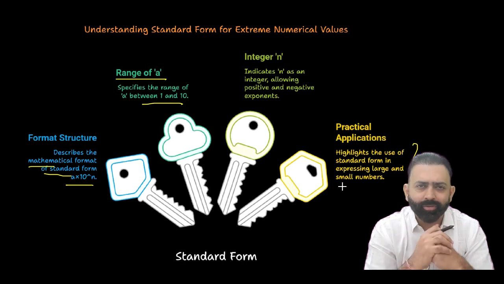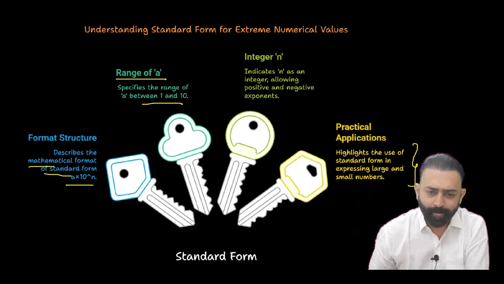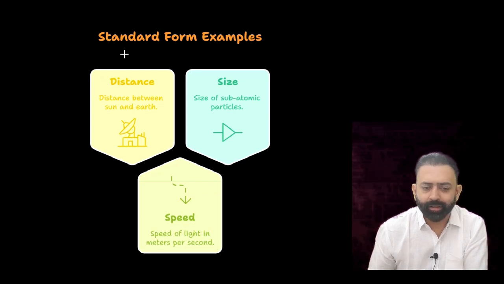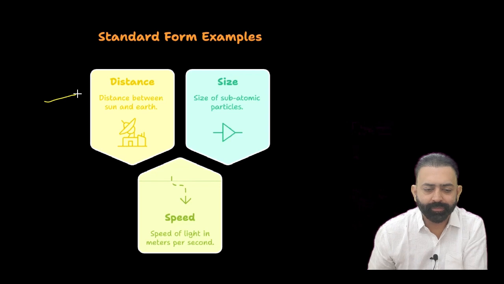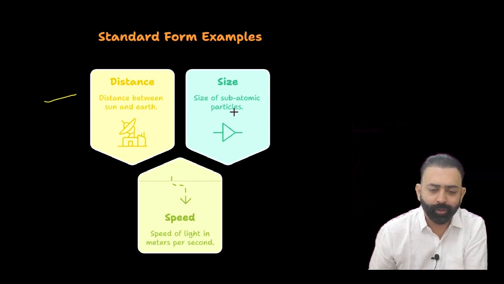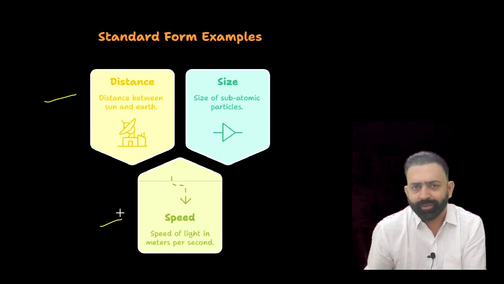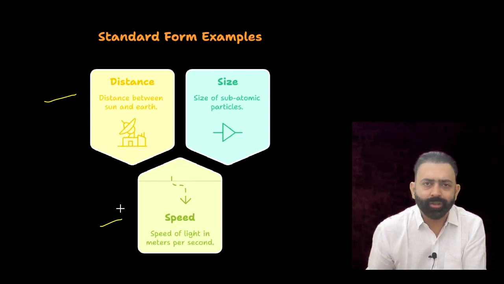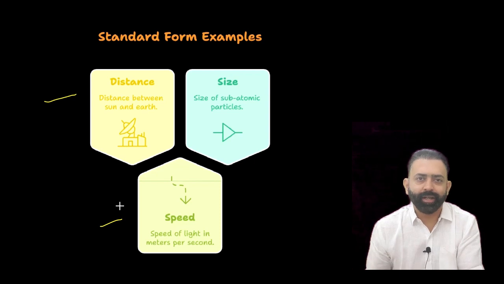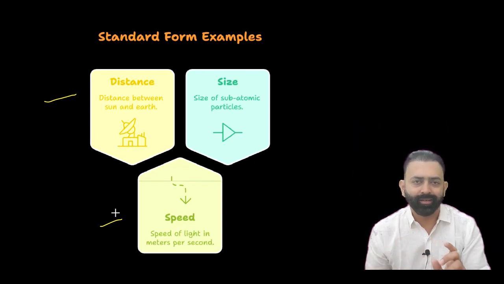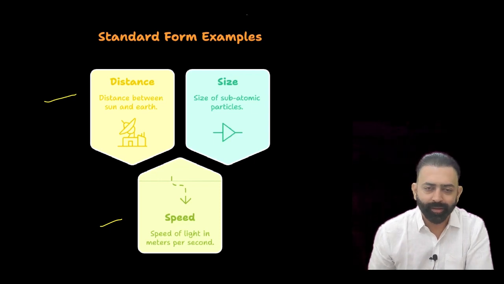Let us do a couple of questions. These are standard form examples: distance between sun and earth, size of subatomic particles, speed of light, which you already know is 3 into 10 raised to power 8 meters per second. This form of writing 3 into 10 raised to power 8 is an example of standard form, right?